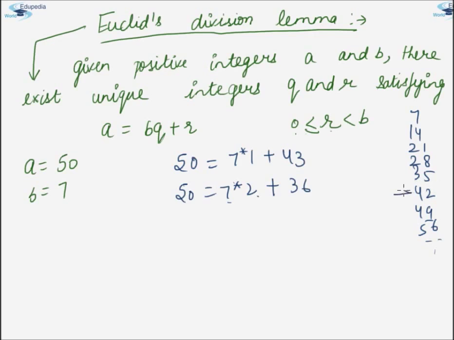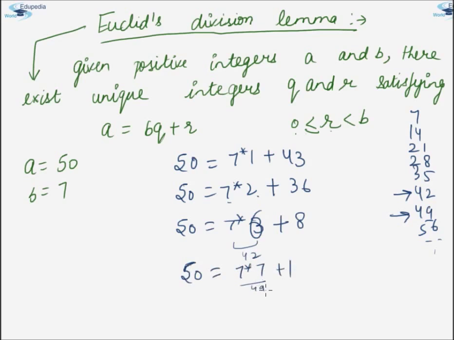Similarly, if we use this sixth multiple, we can write 50 as 7 into 6, which will give us 42 plus 8. With the help of succeeding multiple, we can write 50 as 7 into 7, that is 49 plus 1. Friends, in the first three cases, the value of r is greater than 7.